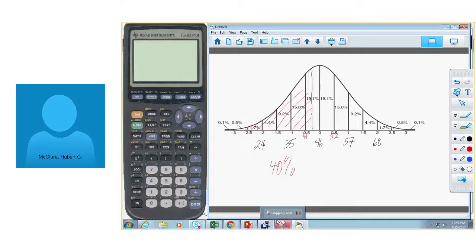You suck. That's why you're going to fail this class. All right, somebody take 9.55 and 15, and 9.2, and 4.4, and 1.7, and 0.5, and 0.1, and tell me what you get. Let's see.